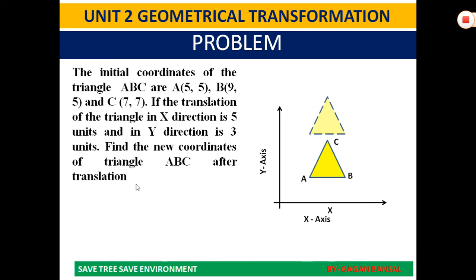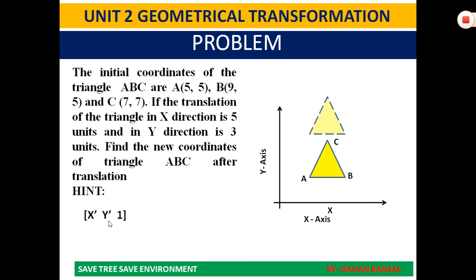That means A, B and C are the initial coordinates of points A, B and C. First you will take point A and apply translation of 5 units in the x direction and 3 units in the y direction, then you will take B, then C. Let me give you the hint also.